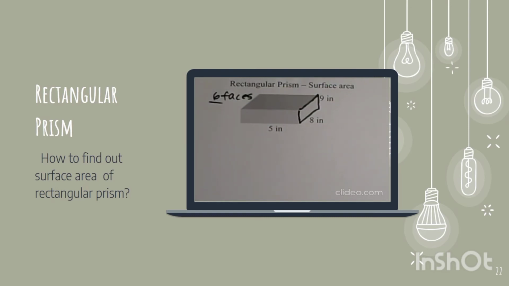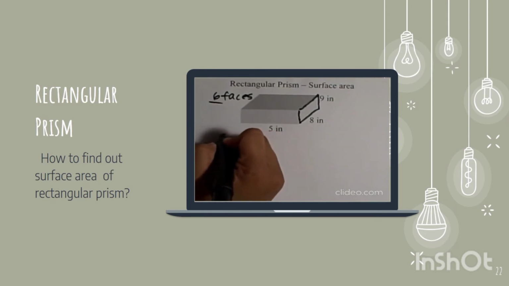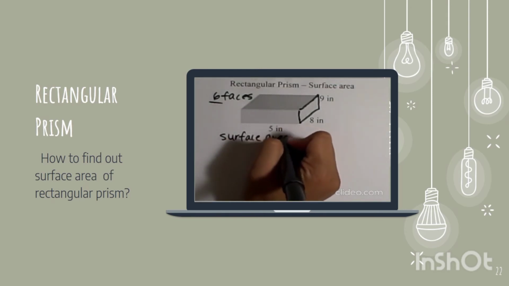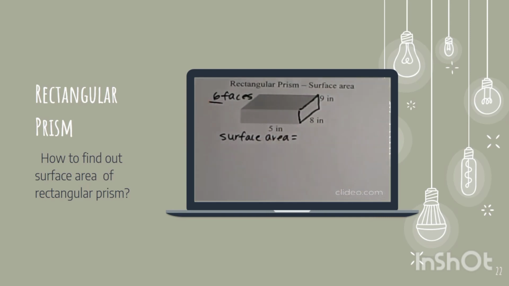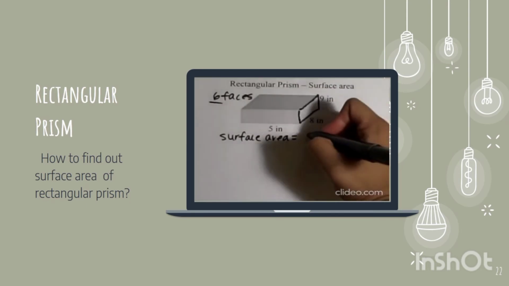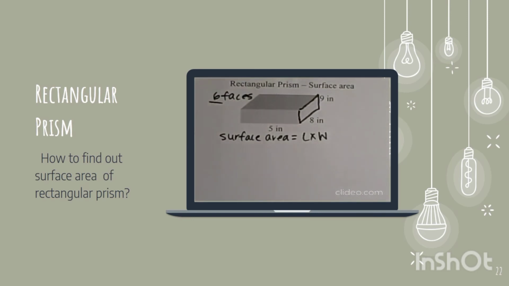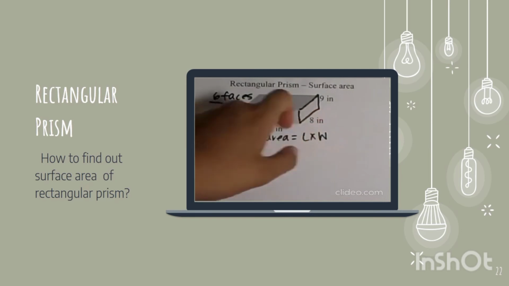Okay, let's start. Surface area, by definition, is the area of 6 faces. Remember, area is just length times width. So we're going to be solving length times width for 6 faces. Now, we're going to start with this face here.